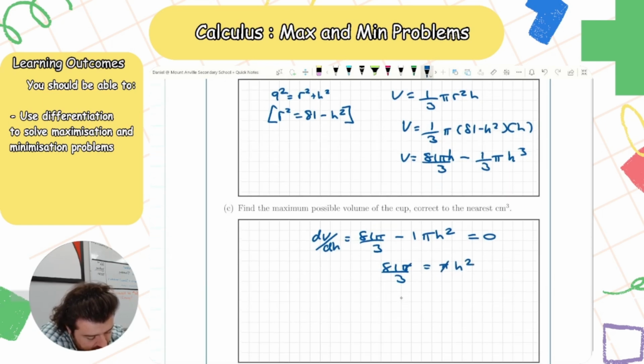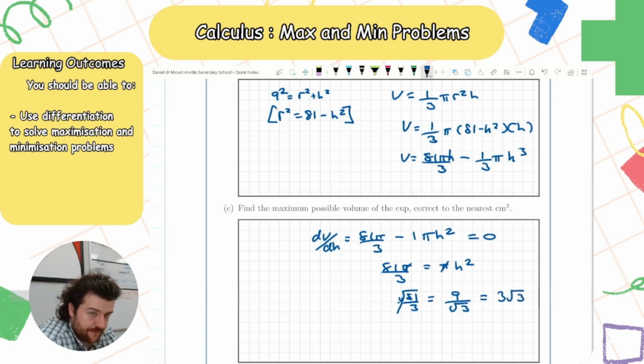Square root both sides. I get square root of 81 over 3, which is equal to 9 over root 3, which does, in fact, simplify to 3 root 3. So my height is equal to 3 root 3. So sub that into my volume.